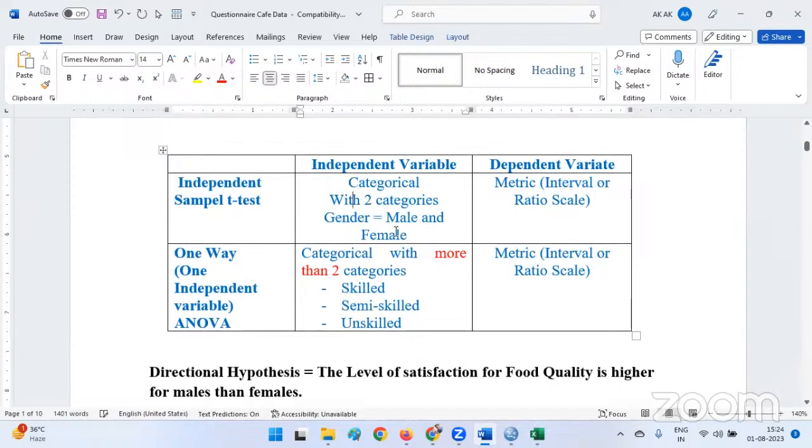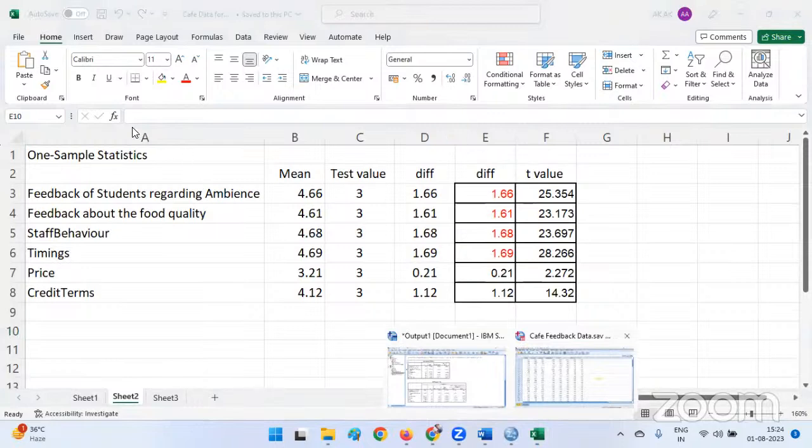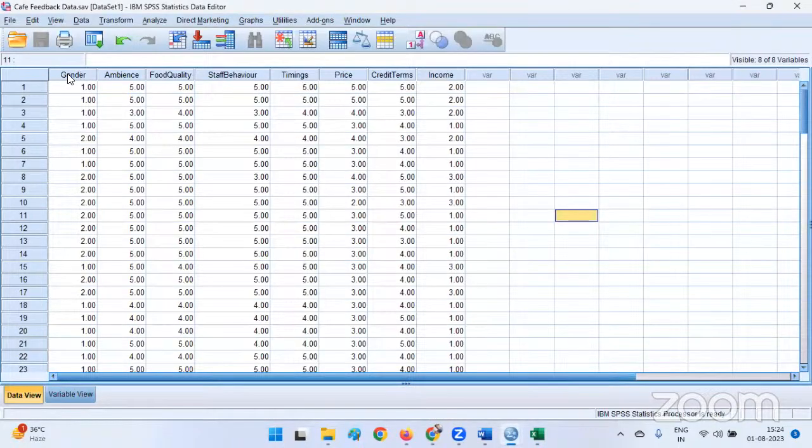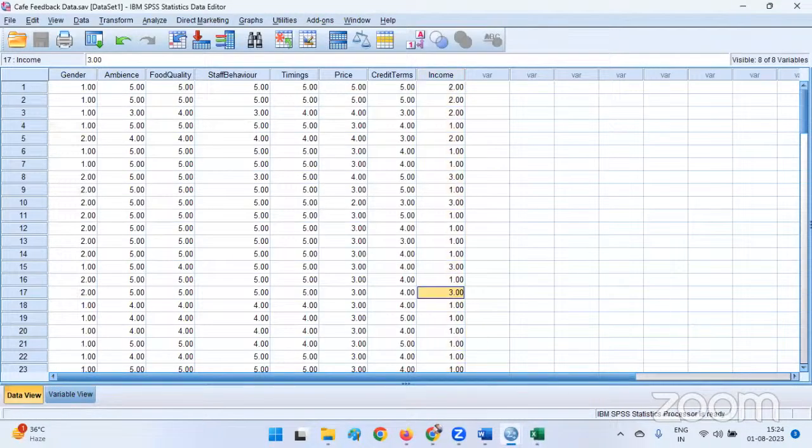So now this is the case. We have two categories like gender we have, and our data is on metric scale, which is interval scale. Okay, interval scale data. So we can apply, see, this is the data of gender in the SPSS file. We have income also, like high income, low income, or medium income.